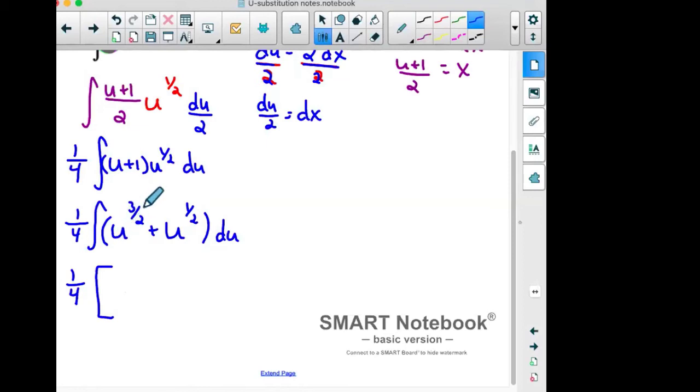So 3/2 plus 1 gives us 5/2. And then we multiply by the reciprocal of that, so that becomes 2/5. Okay, what's the integral of u to the 1/2? 2/3 u to the 3/2. Excellent. And our plus c.